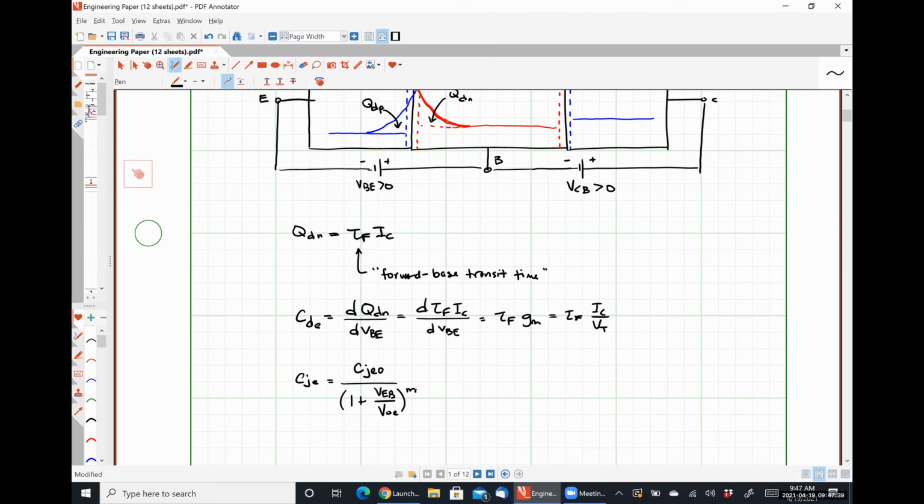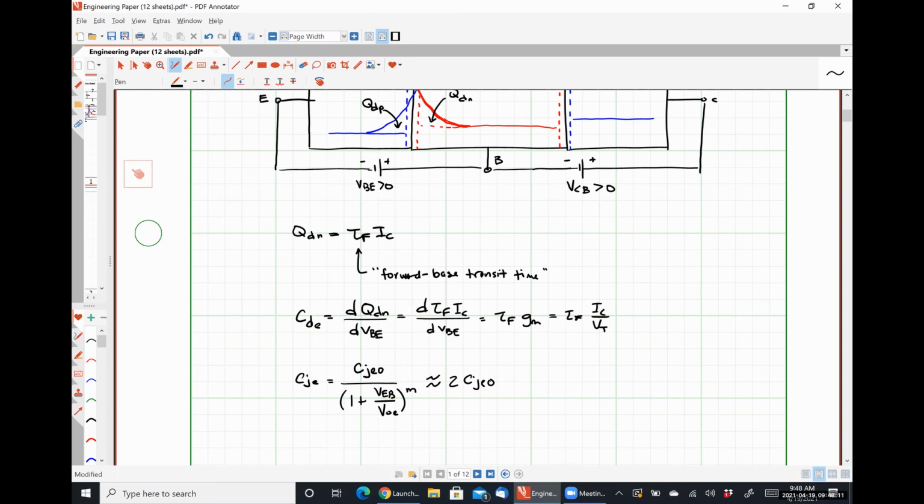So we can really approximate this as roughly twice CJE naught for reasonable values of VBE. And by that, I mean we haven't jacked up VBE so much that we've exceeded V naught E, because that would involve what's called punch through, and you're just burning out your BJT, or you're burning out that PN junction. Okay.